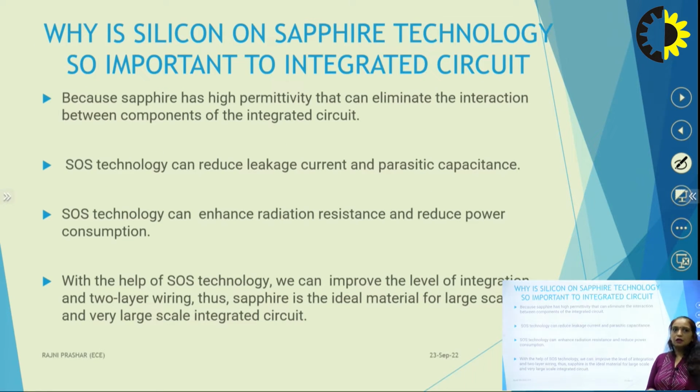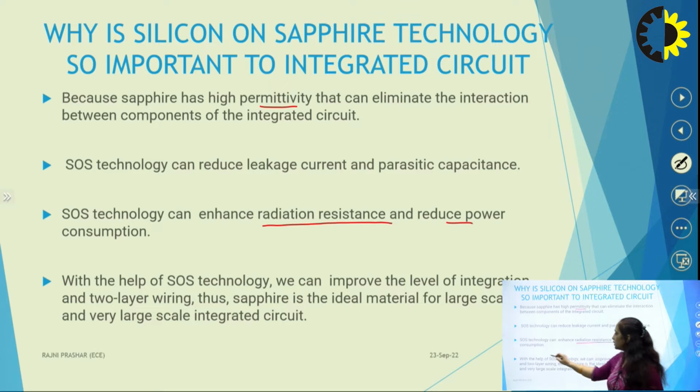So why is silicon on sapphire technology important to integrated circuits? Because sapphire has a very high permittivity, and that can eliminate the interaction between the components. SOS technology can reduce the leakage current and the parasitic capacitance. This SOS can also enhance radiation resistance and reduce the power consumption.